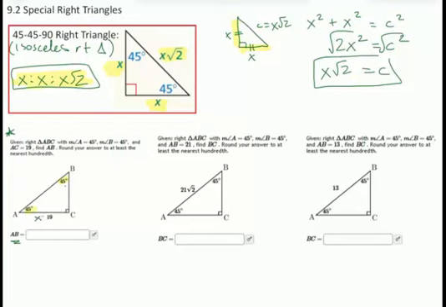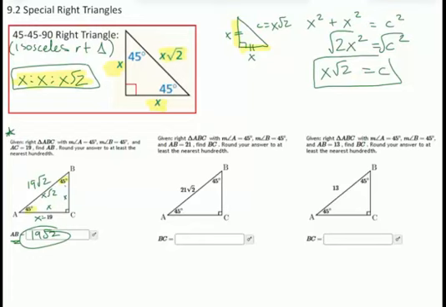We know that x is 19, which means the hypotenuse is x root 2, so our answer is 19 root 2. If x is 19, we just substitute it in, and we get our answer, 19 root 2.